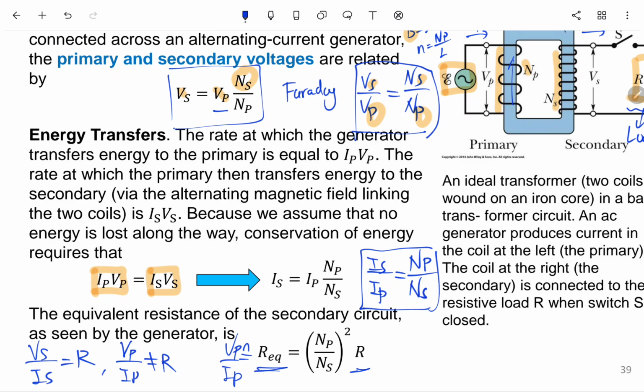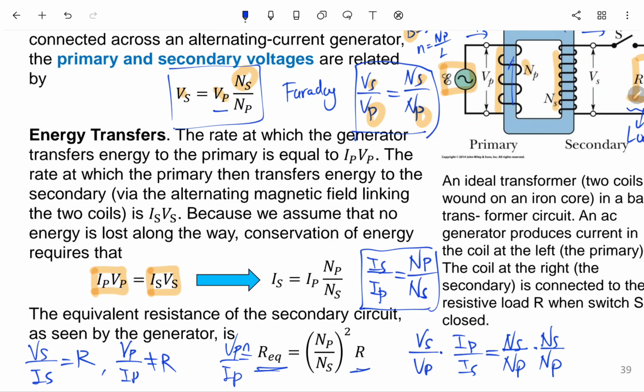Okay, we can divide this one by this one, which means we have Vs over Vp and then times Ip over Is. So we put this one here and this one upside down: Vs is Ns over Np, and this one upside down is Ns over Np.